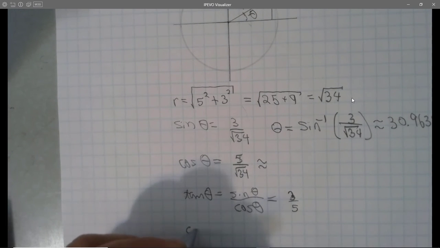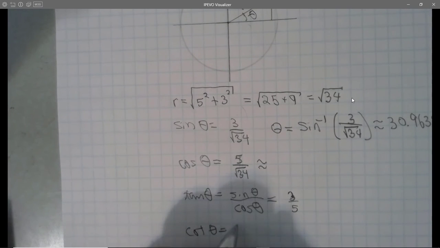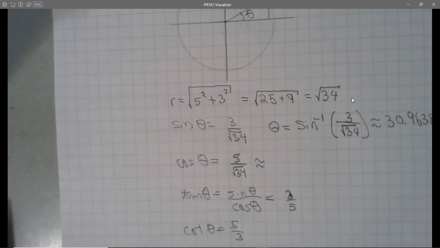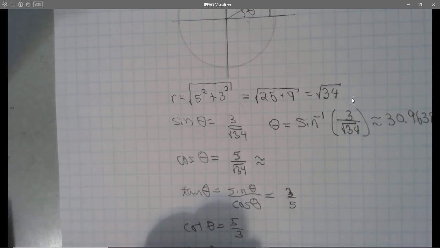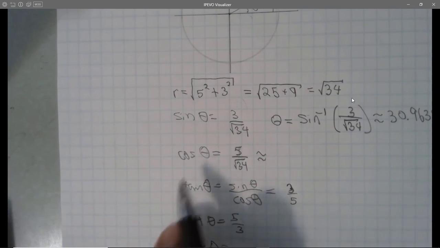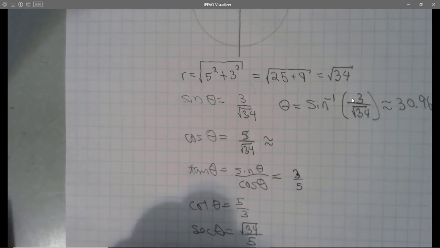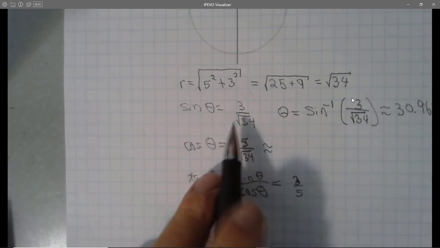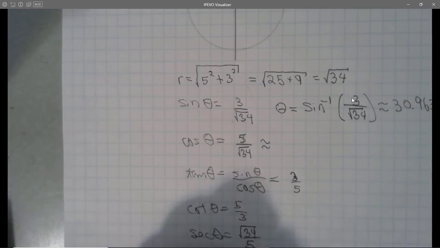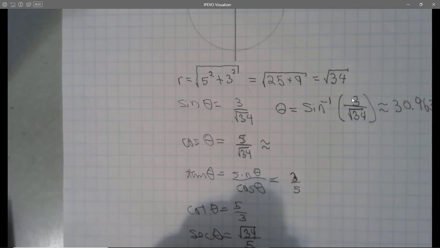What about the cotangent? The cotangent is the reciprocal of the tangent, 5/3. What about the secant? Well, the secant is the reciprocal of the cosine, root 34 over 5. And what about the cosecant? Well, it's the reciprocal of the sine. And the sine is 3 over root 34, so the cosecant is root 34 over 3.